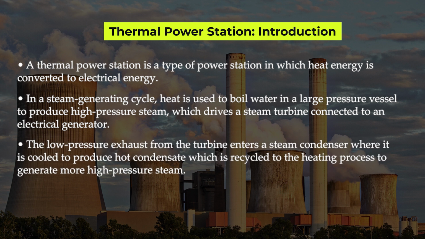The low pressure exhaust from the turbine enters a steam condenser, where it is cooled to produce hot condensate, which is recycled to the heating process to generate more high pressure steam. This is known as the Rankine cycle.